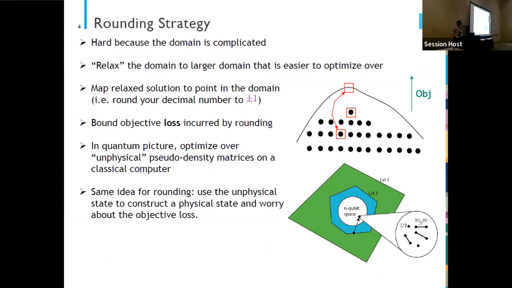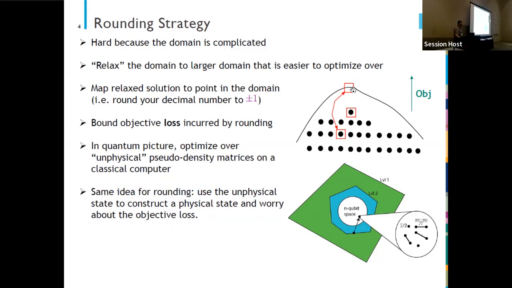Okay, so I just wanted to give you a picture of what rounding normally looks like. For classical combinatorial optimization, the problems are hard because the domain is really hard to optimize over. In that case, it's an exponentially large set of discrete points. So what we do is we relax this region to an easier region to optimize over, but that contains all of the feasible points.